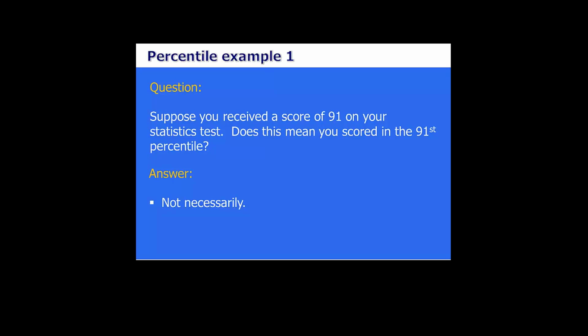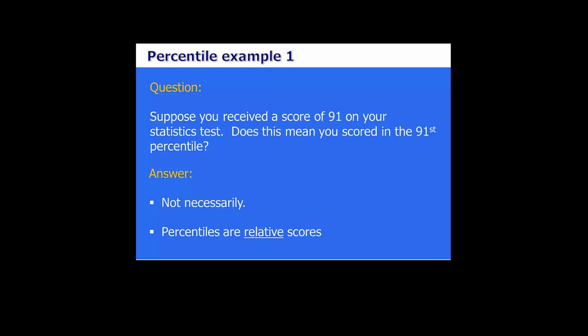If your test score were equal or better than 40% of your classmates, your score would be in the 40th percentile. Remember, a percentile score indicates how well you did relative to all of the other test scores.